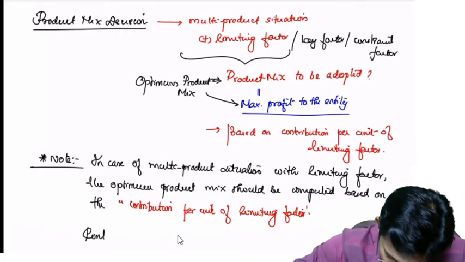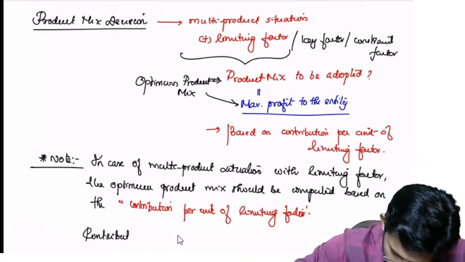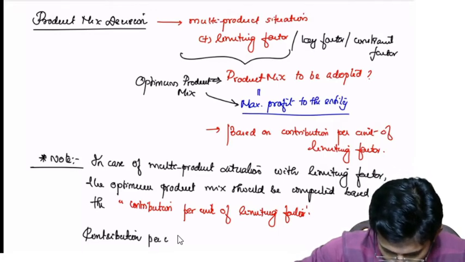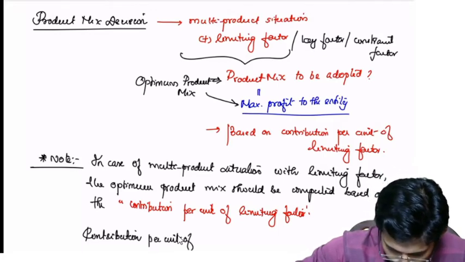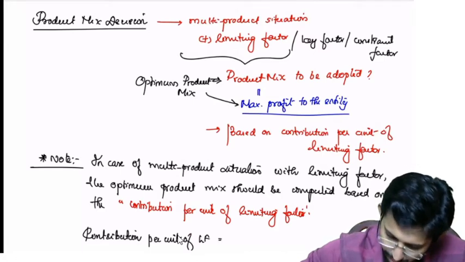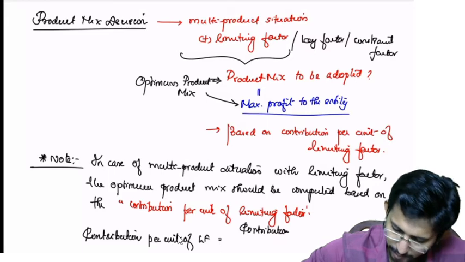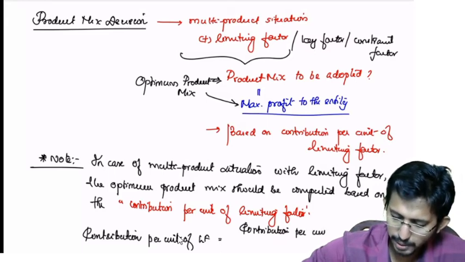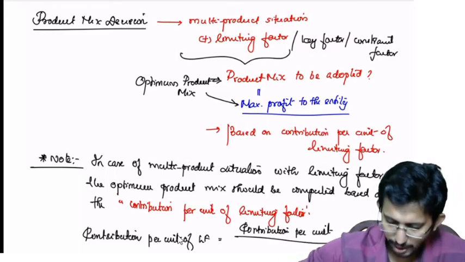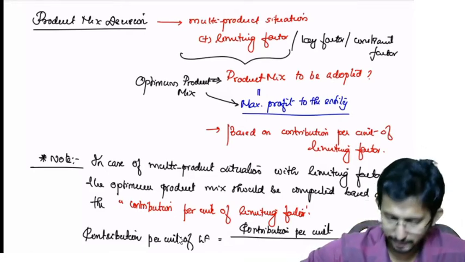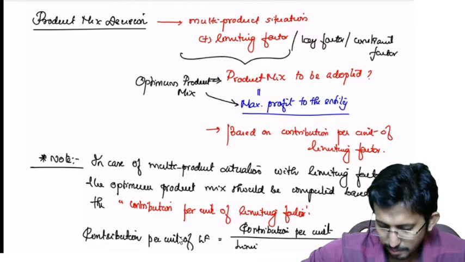Contribution per unit of limiting factor is equal to contribution per unit divided by, dividing by what?